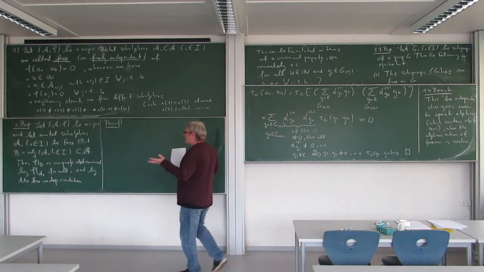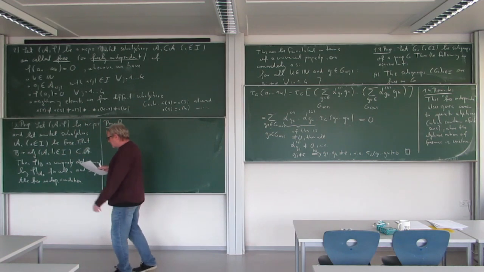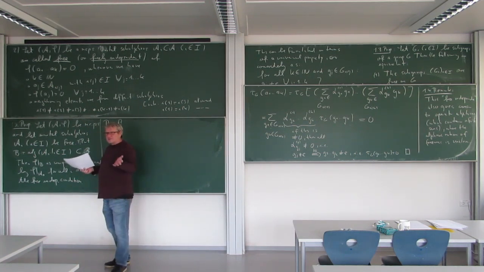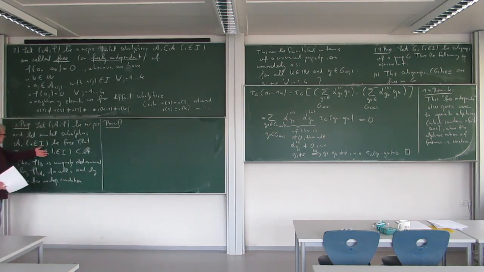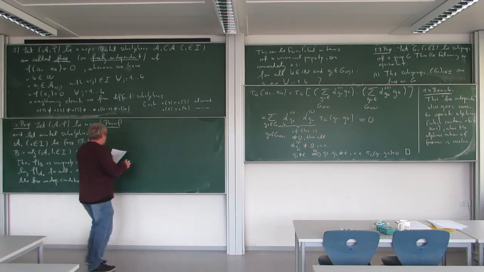So what are elements from B? Every element from B can be written as a linear combination of products from elements of the various AIs. The algebra generated by the AI are just elements which I can get by multiplying and adding things from them.